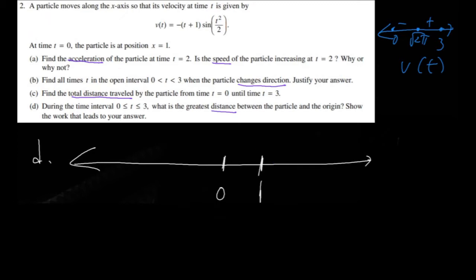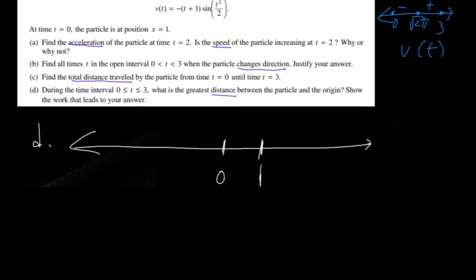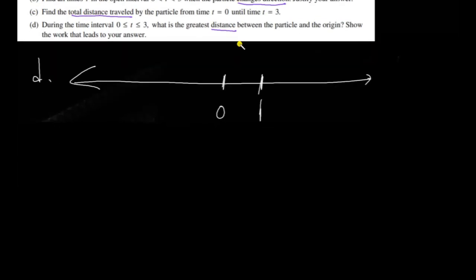Now the question is, when it started moving left, did it cross the 0 point or did it stay on this side? The way we're going to figure that out is by taking the integral of the absolute value of velocity from 0 to square root of 2 pi. That's going to get us the total distance that the particle traveled.